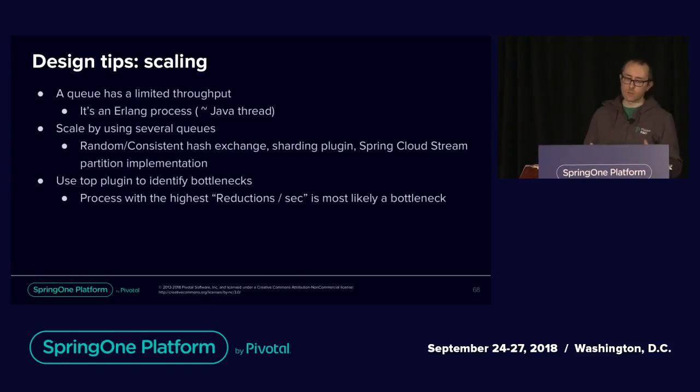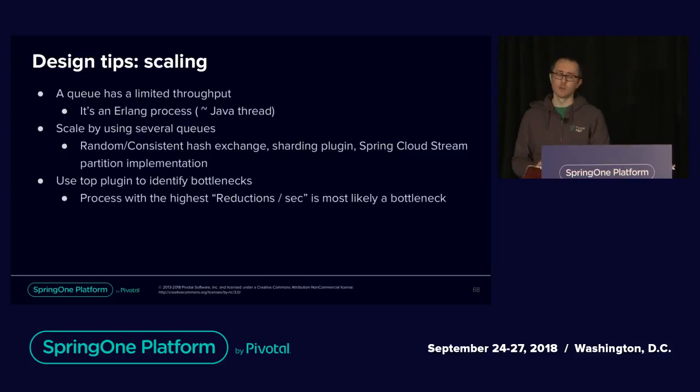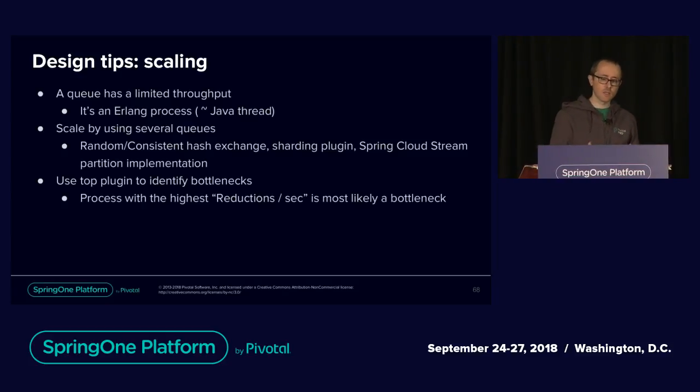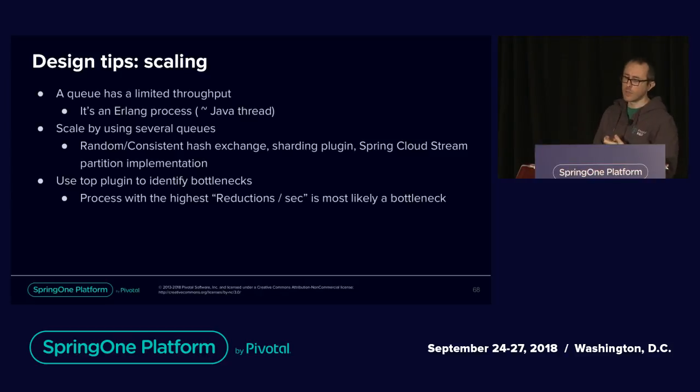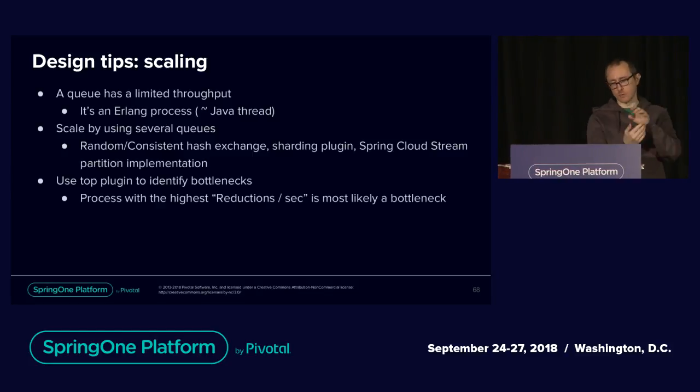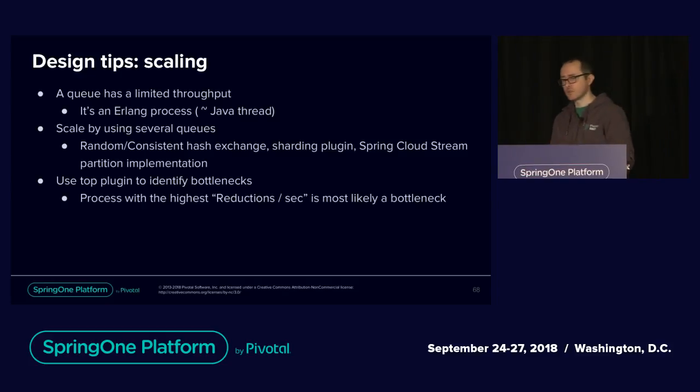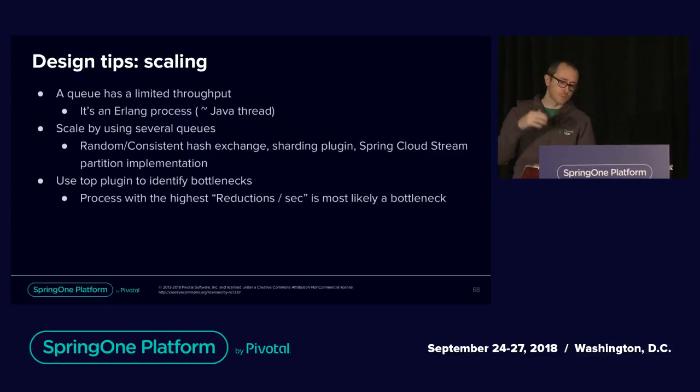So you need to scale with different queues by increasing the number of queues. There are different options. We provide some plugins like the random and consistent hash exchanges. These are kind of load balancing exchanges that distribute the messages on different queues.